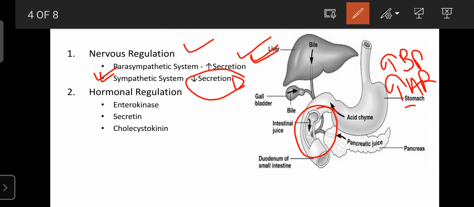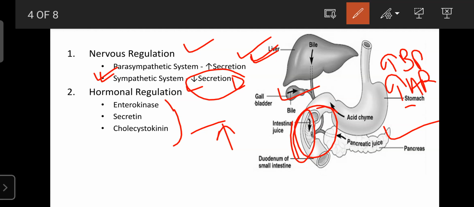That is also to be considered. Regarding the hormonal regulation, these are the three hormones present in the small intestine: enterokinase, secretin, and cholecystokinin. They all give the signal to the pancreatic gland, the gallbladder, and the glands of the small intestine, to increase the secretions.